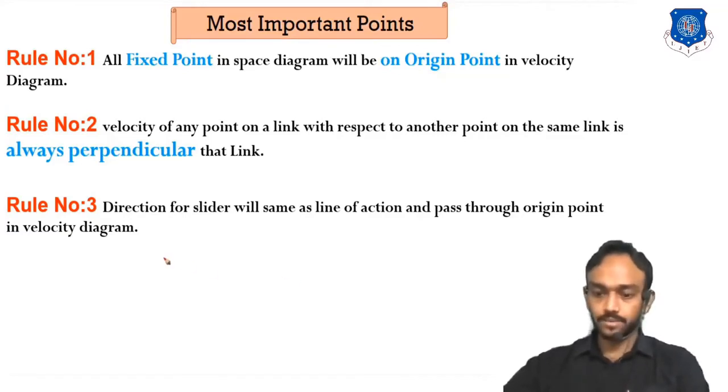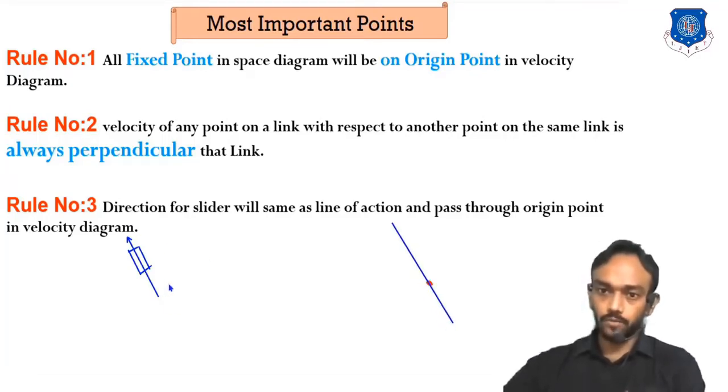If the slider is sliding at some angle, and it is sliding with this direction, so what you have to do in velocity diagram, you have to draw the line passing through the origin in direction of line of action of piston. Now you can understand what is rule number 3. Direction of slider will be same as line of action. Its direction will be in this line, but it will pass through the origin point.